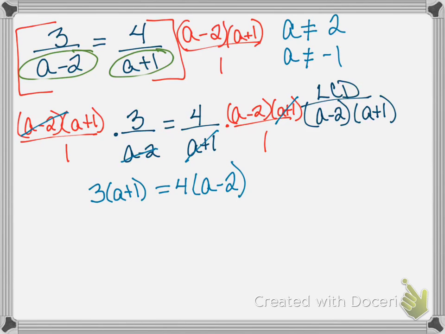Okay, we distribute. 3a plus 3 equals 4a minus 8. I'm going to subtract 4a from both sides. You might have chosen to subtract 3a from both sides, and that's fine. Either way is fine, but I'm going to subtract 4a.